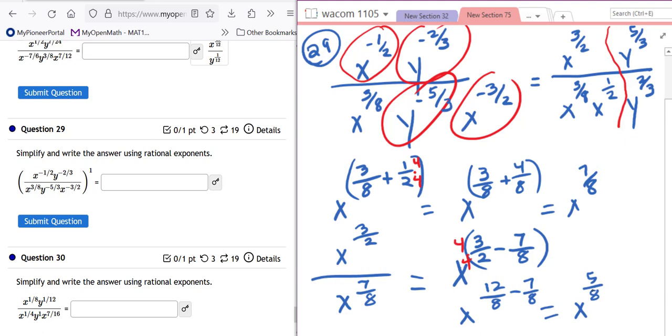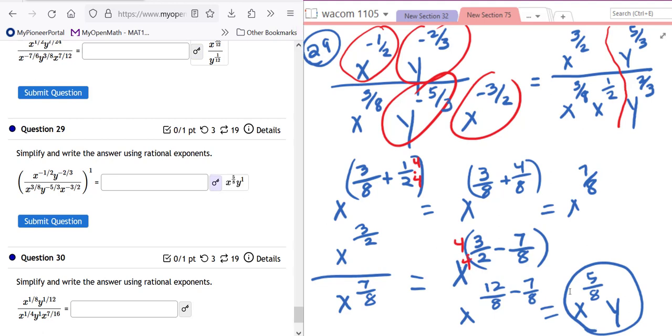Right, and thank heavens the y was nice. 5/3 minus 2/3. You keep the denominator. 5 minus 2 is 3. And we get y to the 3/3, which is y to the first. This should be the final answer to 29. Good. I don't think you have to write that y to the first.